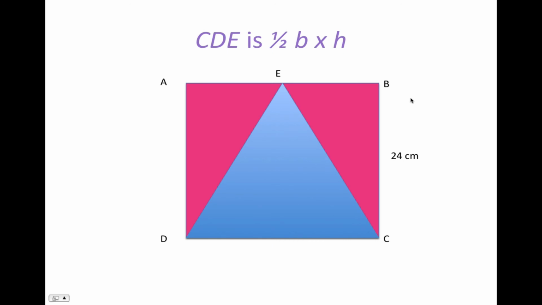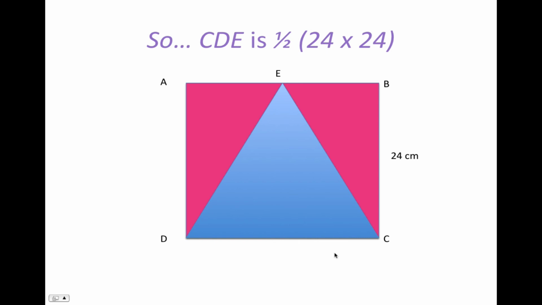Another way of looking at it, and you probably saw this on one of the examples on the test, is we know that CDE is 1/2 of base times height. So we know that our base is 24, we know that the height is 24, and if we take half of that, we're going to come up with the area of CDE.